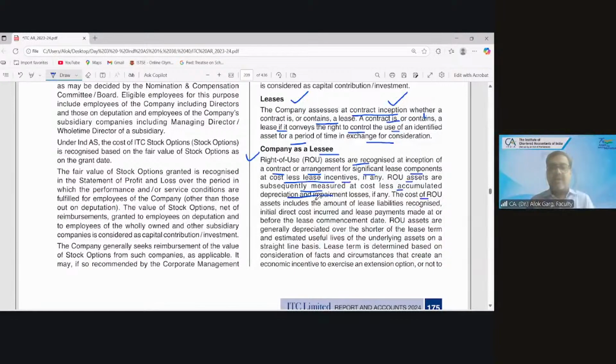The cost of ROU asset includes what? Sir, any amount of lease liability recognized. Just a minute, Swaminathan. The amount of lease liability recognized plus initial direct cost incurred and lease payment made at or before the lease commencement date.